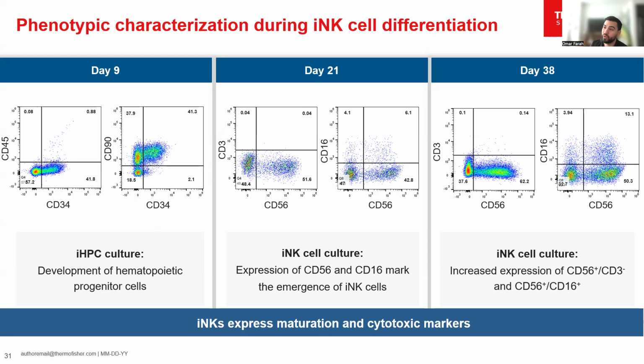So we have to make sure that we're looking at markers that also exclude populations that we don't want to be in there when we're doing our initial optimization and assessment. And by the end of the protocol, you'll see that the expression of CD56 and CD16 gets even higher, while again, CD3 remains negative. So we're specifying specifically natural killer cells.